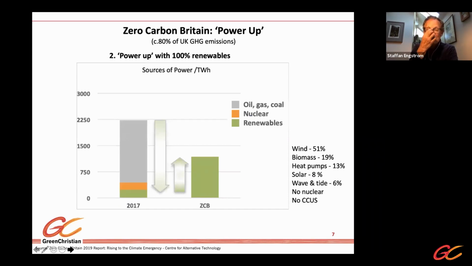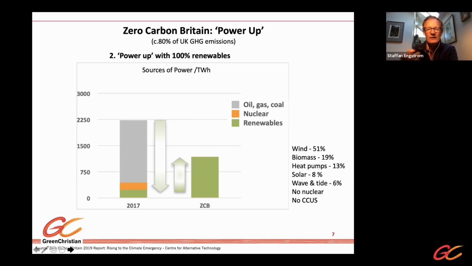The second part is what they call power up. On the left-hand side of the chart there, you've reduced all that oil, gas, and coal that is affected, so the question is, how on earth do you increase it?